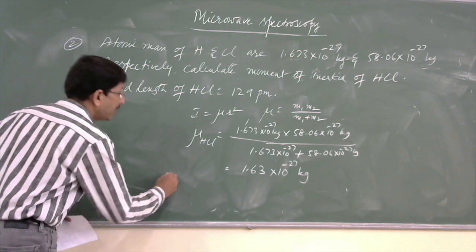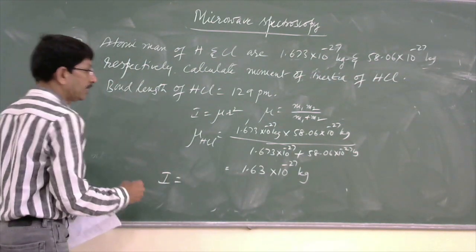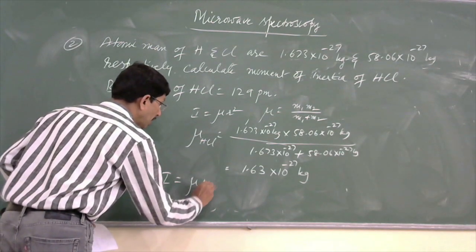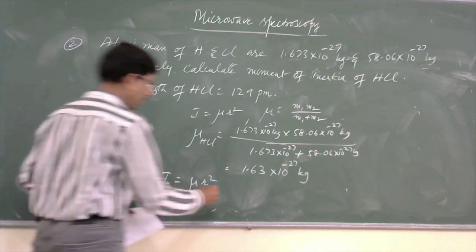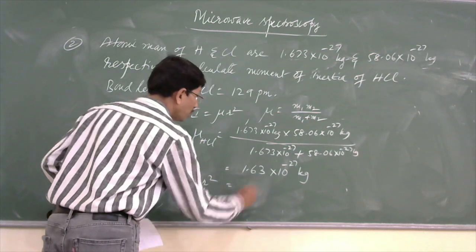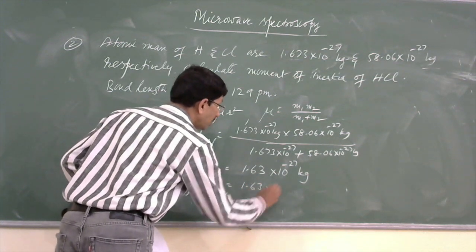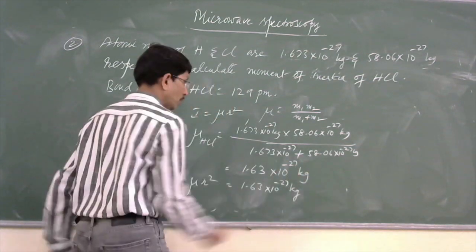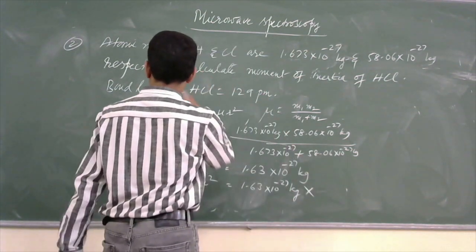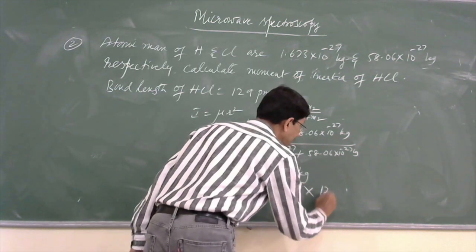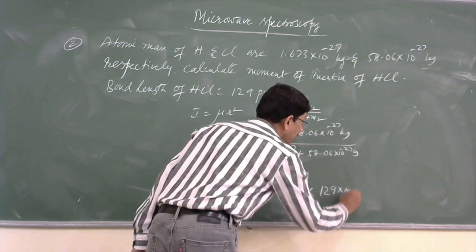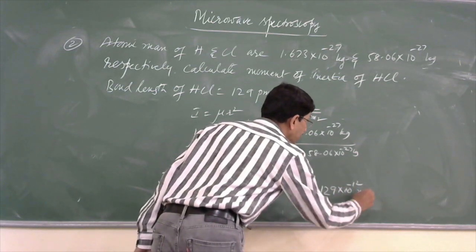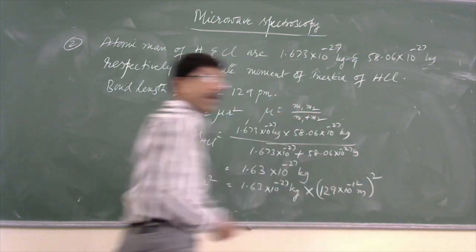Further, moment of inertia is equal to mu r square. So we have mu as 1.63 into 10 to the power minus 27 kilograms, and r is 129 picometers, so I write it as 129 into 10 to the power minus 12 meters whole square.